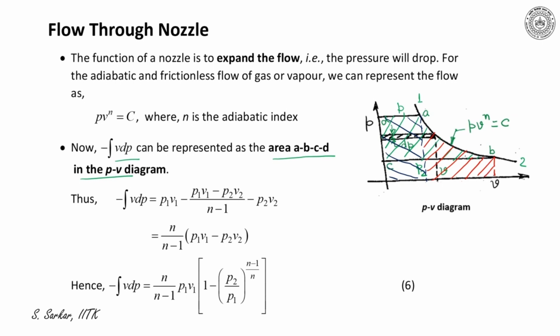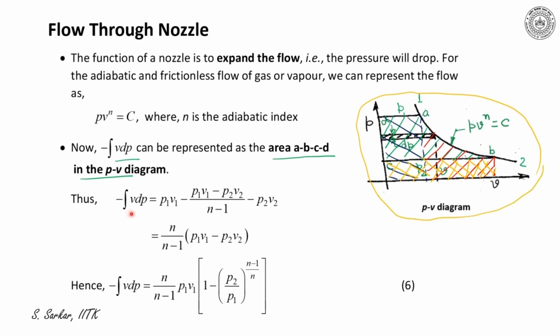And I can subtract another region. Let me take a yellow color for this. So, I hope I have been able to make you understand how we will calculate the area ABCD.